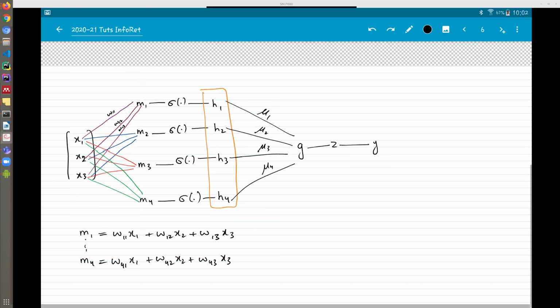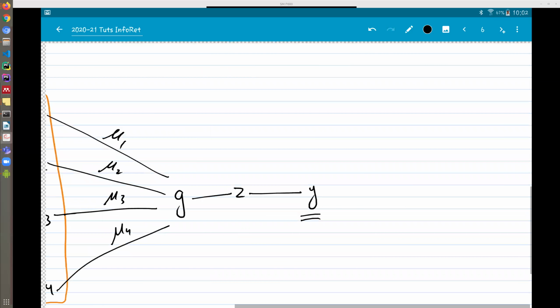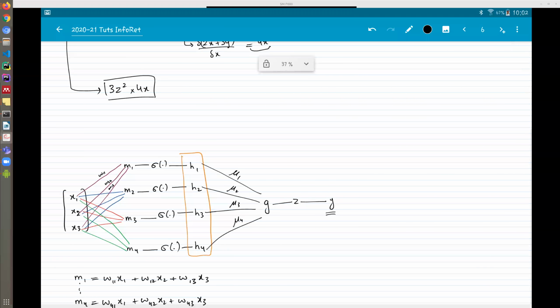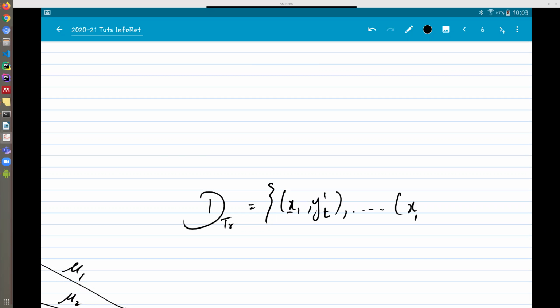So now after that, suppose that this is the output of the neural net, and when we are training something, we have pairs of input and output. Like we have seen, the training data set has pairs of x1, y1 true, up to xn and yn true.